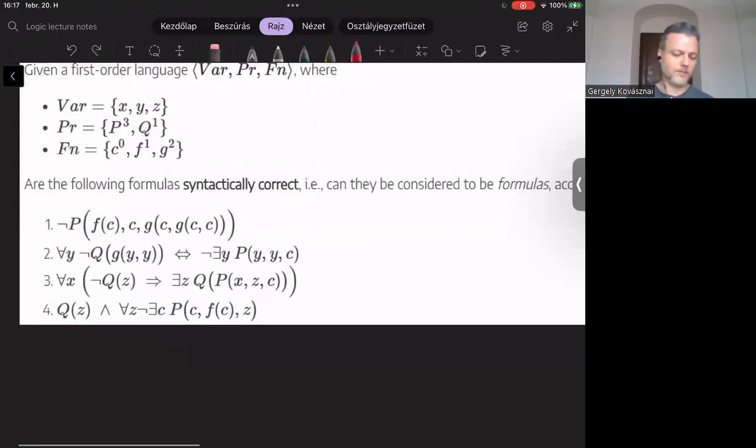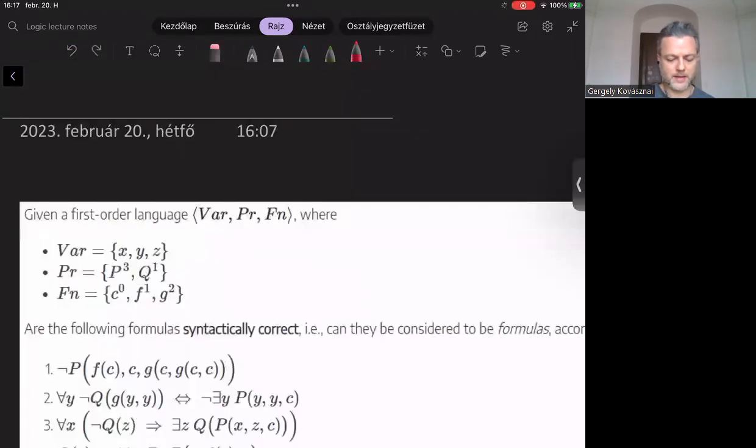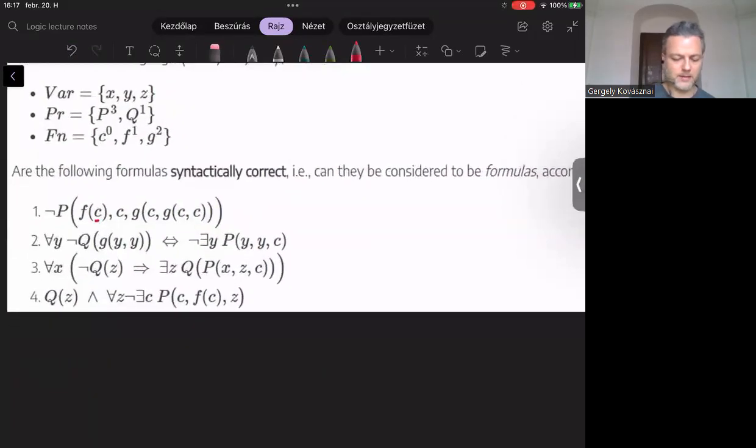Then in a similar way, it is also a source of mistakes to use a wrong number of parameters for functions. For instance, here I'm calling the function F with 1 parameter, which is completely correct. And then I'm using C here, here, here, here, and here without any parameters, and this is correct since C is defined as a constant.